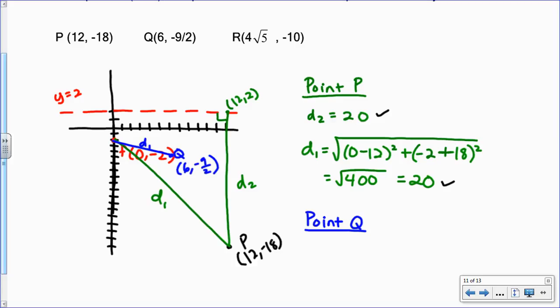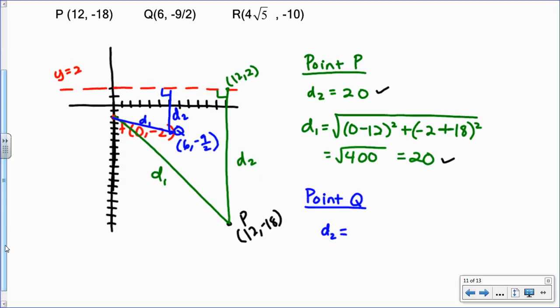And then to the line, again, I'm going to do a vertical line. That's my distance 2. Okay, distance 2, since it's a vertical line, is the easier one to count. So if I started at -4.5 and I went up to +2, what would that distance be? 6.5.